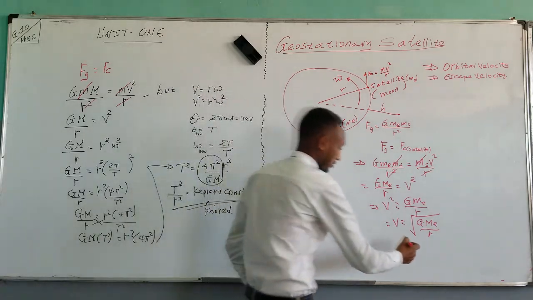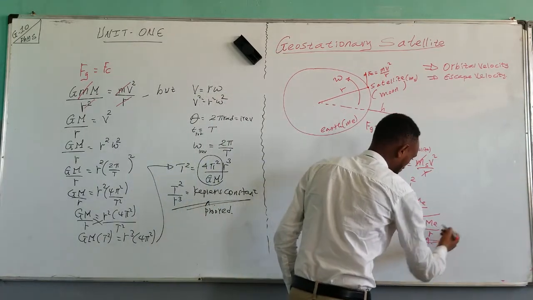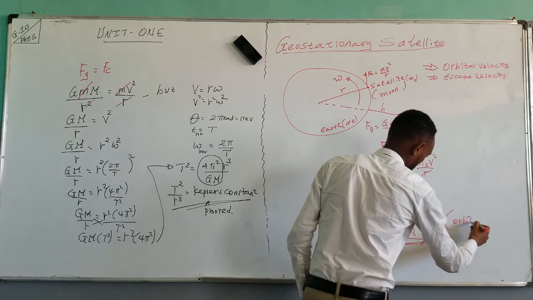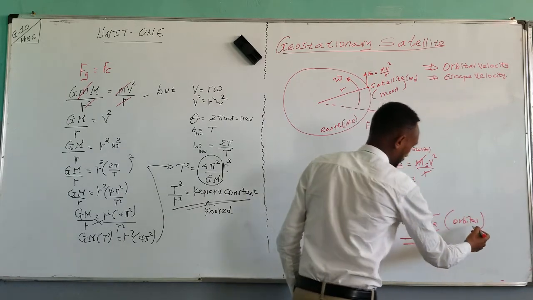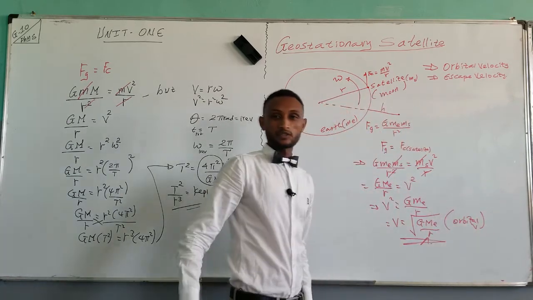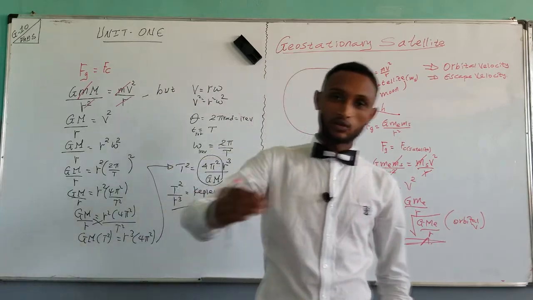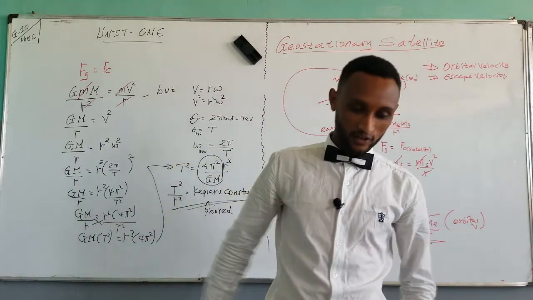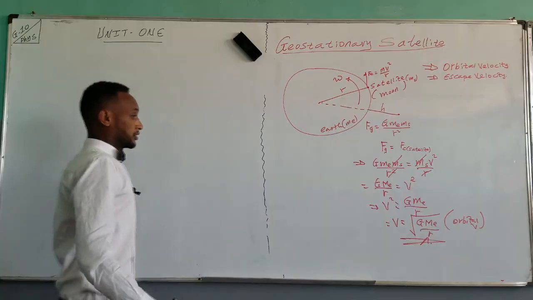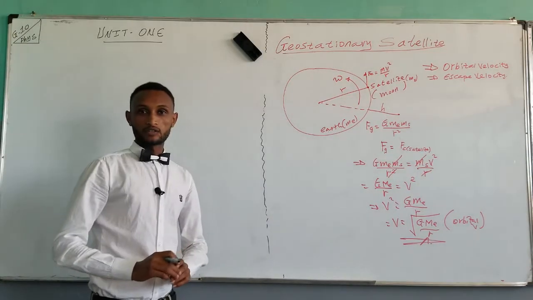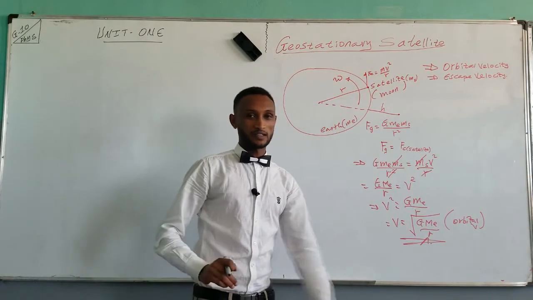This is the orbital velocity, the velocity by which the satellite can be moving or orbiting around the Earth.